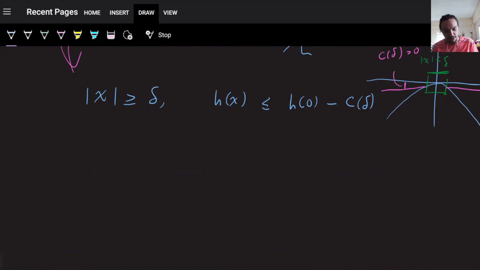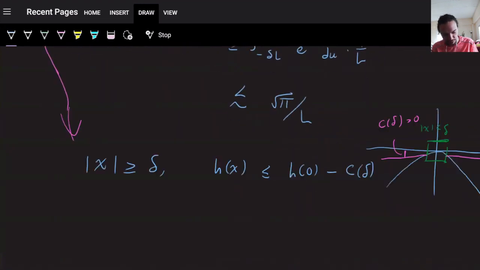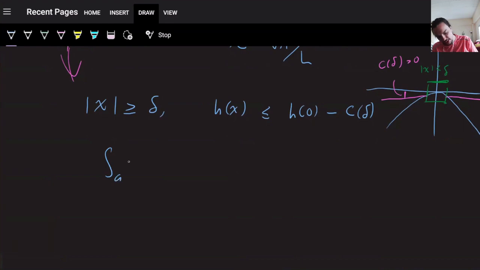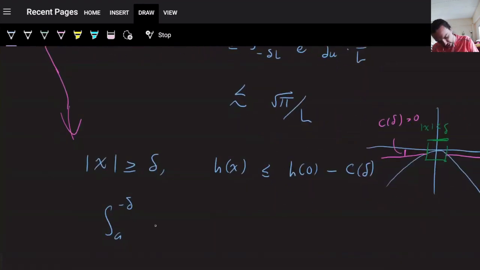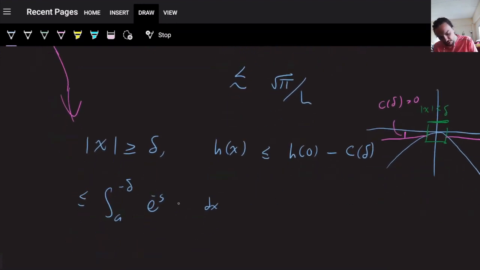All right. So what does that mean? That means that we can write this down as the integral from a to minus delta of e to the s h(x) dx. And then we can use that h(x) is less than h(0) minus c of delta. We know that h(0) is just 0, so this is less than e to the minus s c of delta.